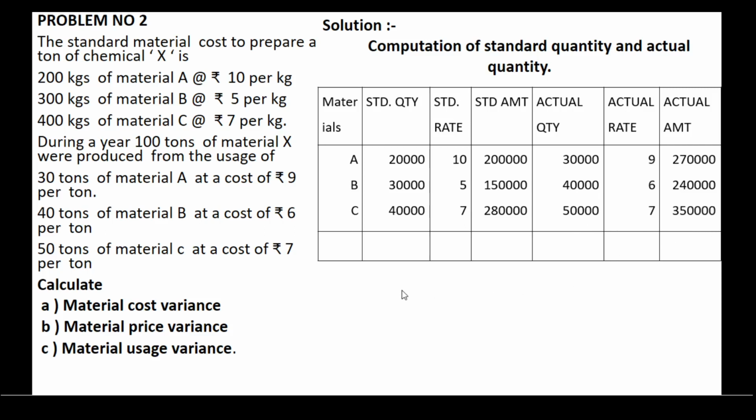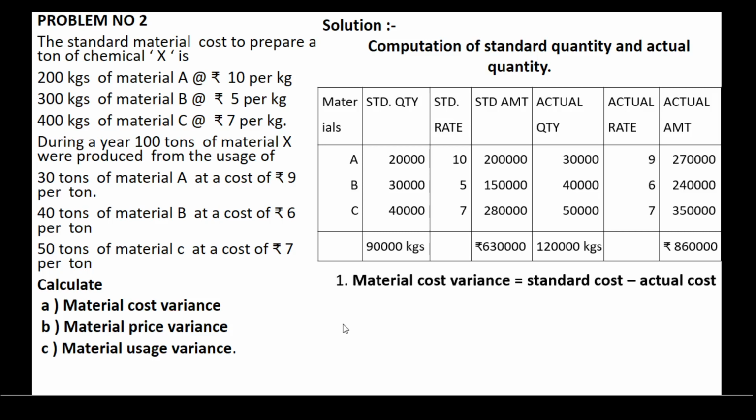So now we take the total of standard quantity, that is 90,000 kgs, and the total standard cost, that is 6,30,000. Then the total actual quantity is 1,20,000 kgs, and the total actual cost is 8,60,000 rupees. And next we calculate the material cost variance.